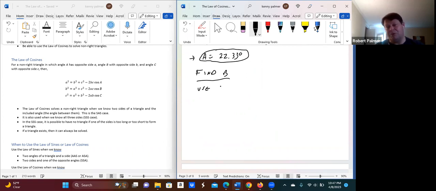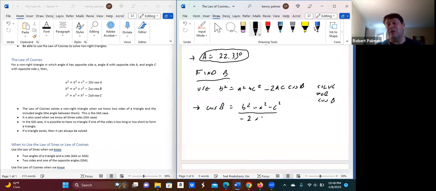We're going to use this relationship for B. B squared is equal to A squared plus C squared minus 2 times A times C times the cosine of B. And like we did in the previous example, we're going to solve for the cosine of B. So if we do that, then we get that the cosine of angle B is equal to B squared minus A squared minus C squared, all over minus 2AC.